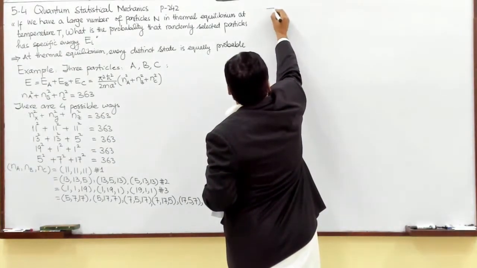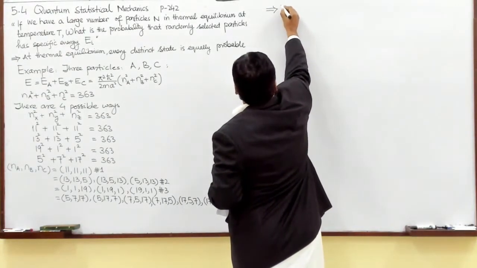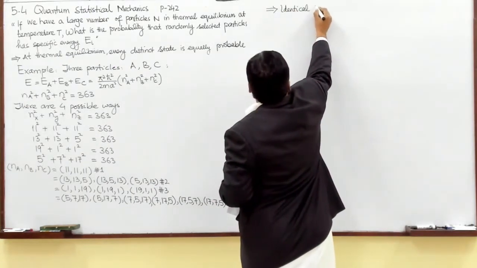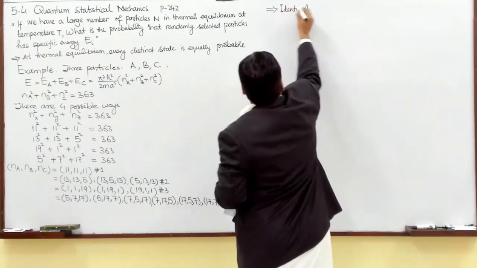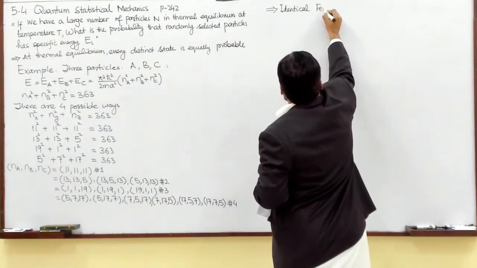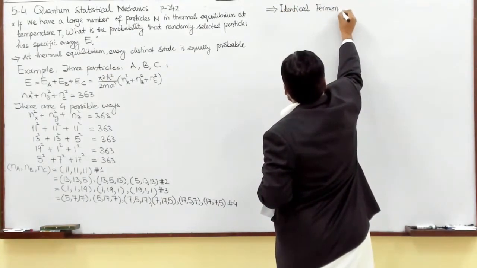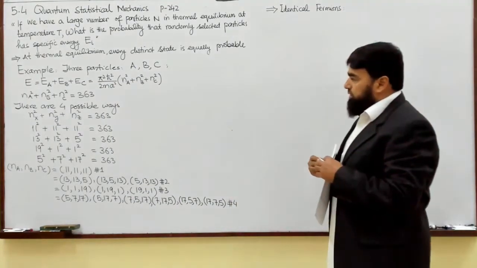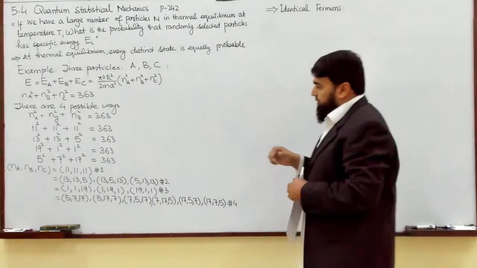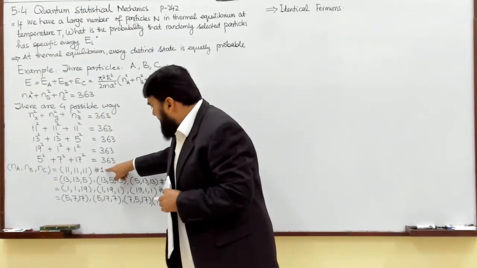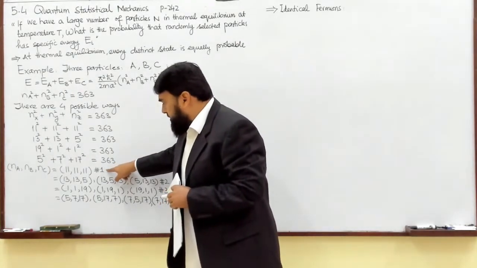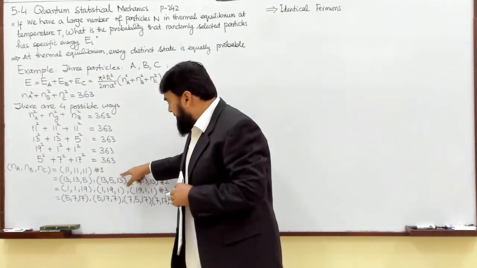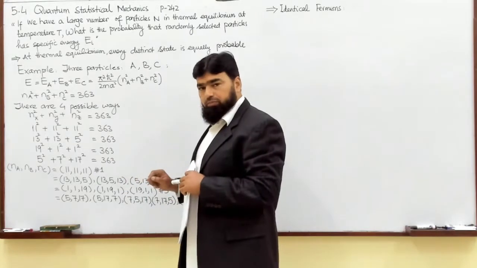So the particles are identical, and in addition they are fermions. Now for fermions, first the identical. For the identical, this state will exist, 3 particles, this and this and this.